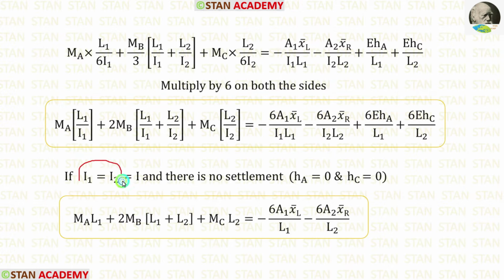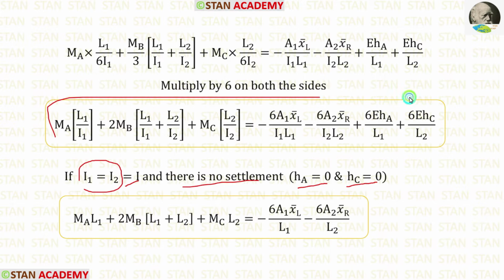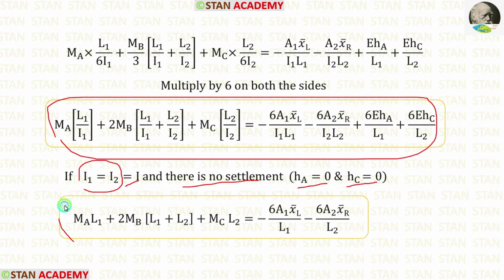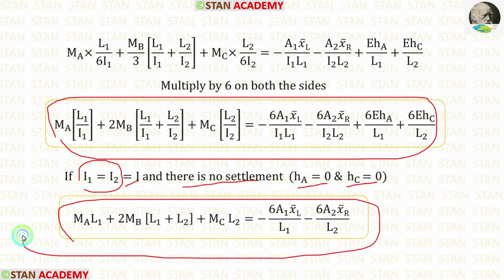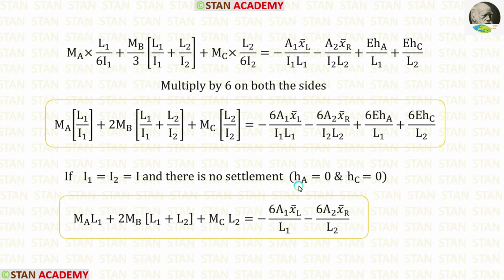Suppose I1 and I2 are equal to I and there is no settlement, which means HA is equal to 0, HC is equal to 0. This equation will be changed to this equation because when we apply HA is equal to 0 and HC is equal to 0, these two terms will be eliminated.